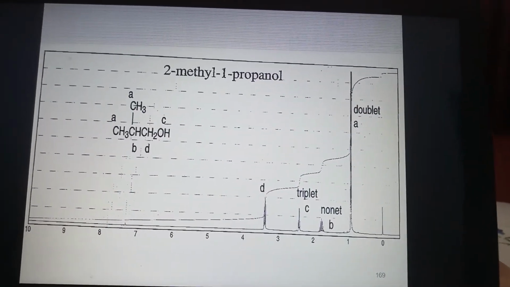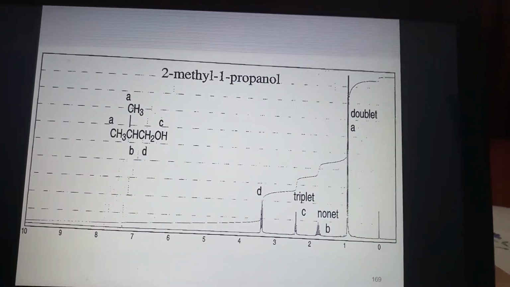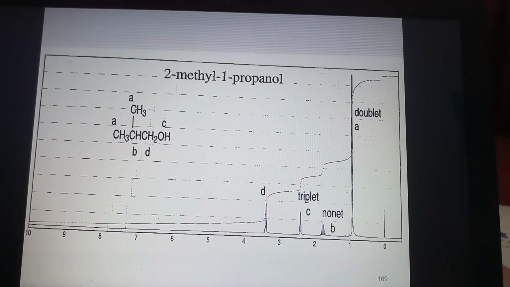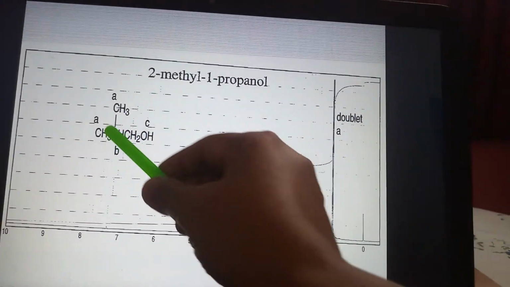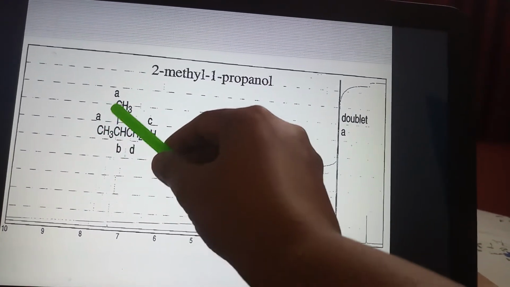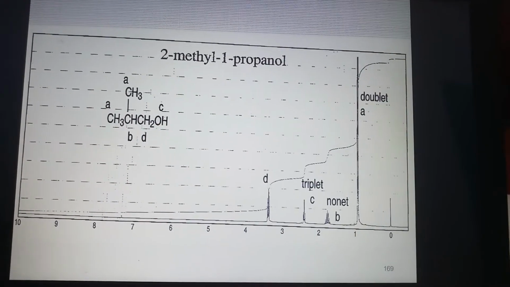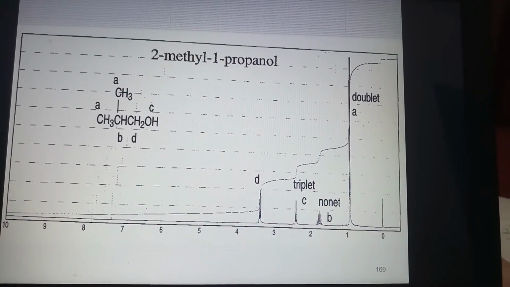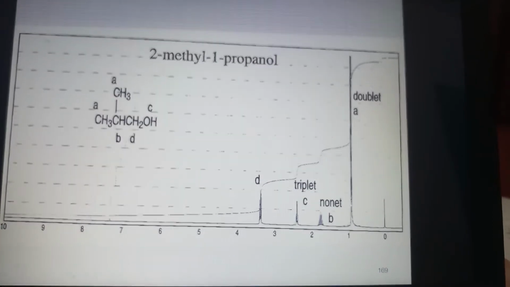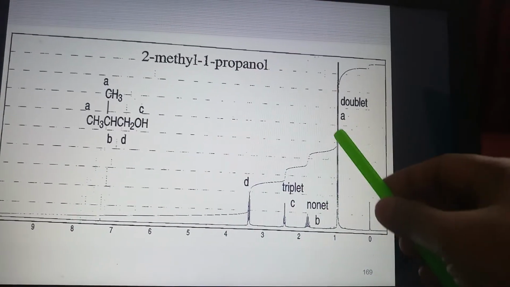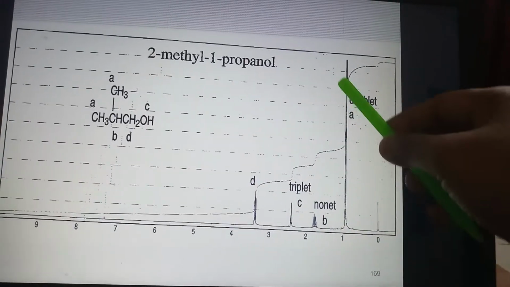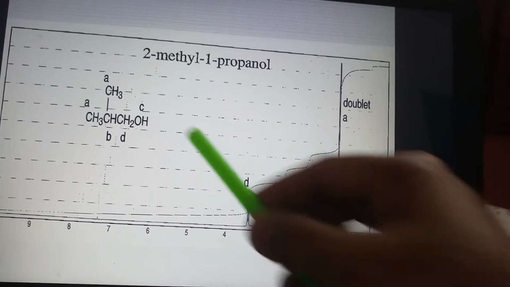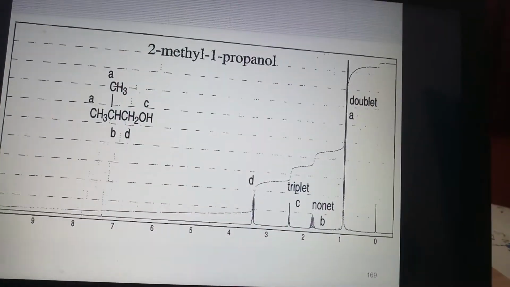An example is 2-methyl-1-propanol. You can see it has 4 types of proton environment, and these 2 sets of protons have identical environments, they are chemically equivalent, and magnetically also, so all 6 protons give a doublet here for the presence of this proton.